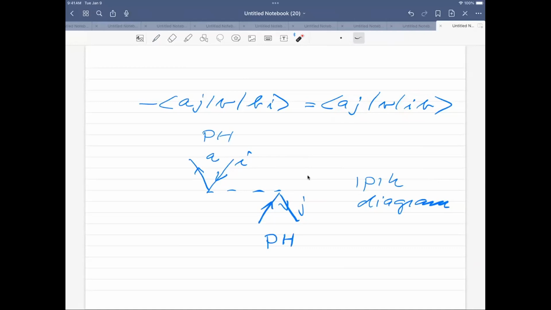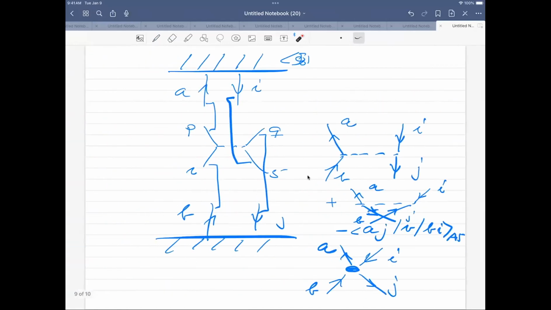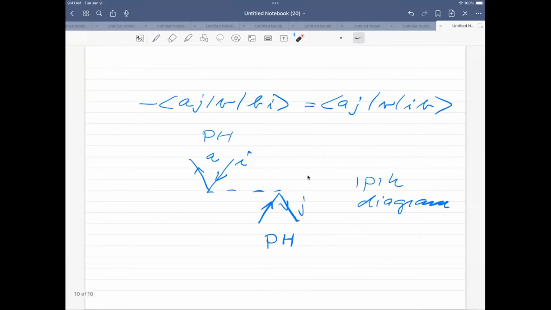So you start then thinking of these as physical processes where you have a one particle, one hole state, which we actually have here. There is an interaction, and that leaves us with a one particle, one hole state. And that's expressed then with the one particle, one hole state here. And then you have your one particle, one hole state here.